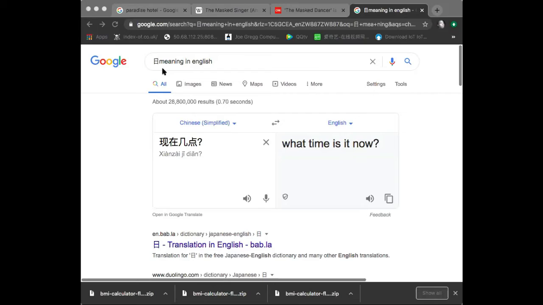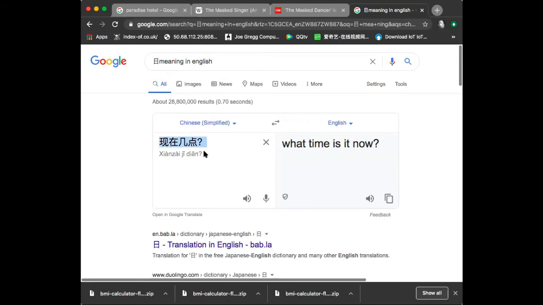Shinsai Shitsu Dian. Yes. All right. 现在几点? 现在是几点? 现在是4点. There you go. You see, 现在是4点. It's 4. 现在是4点. Yeah. All right. It's 4 o'clock.